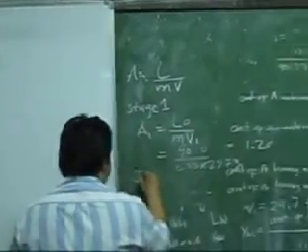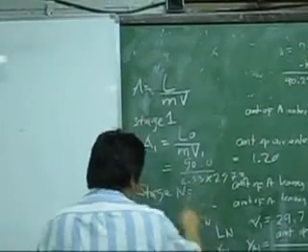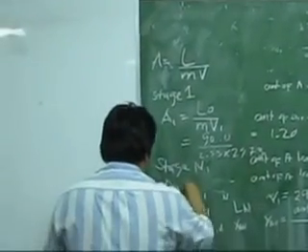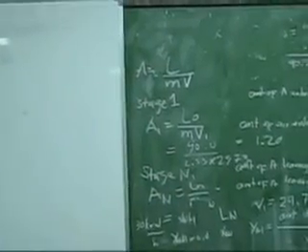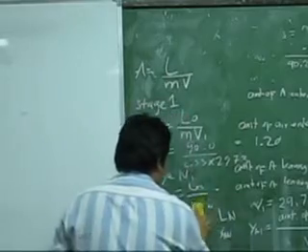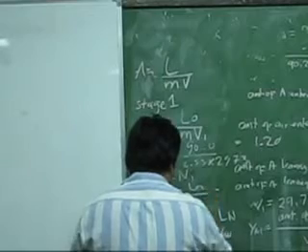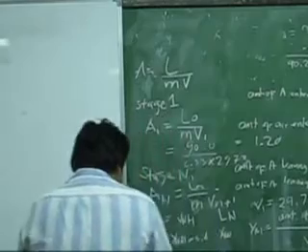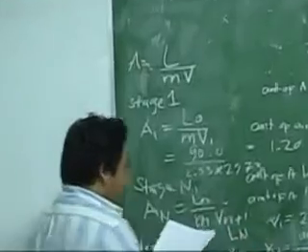For stage N, the equation for A is also this equation, which has been derived earlier or given in the problem.